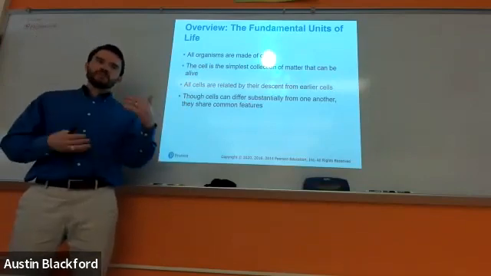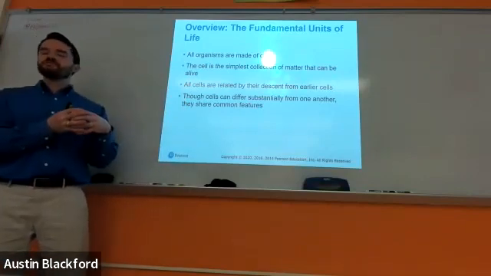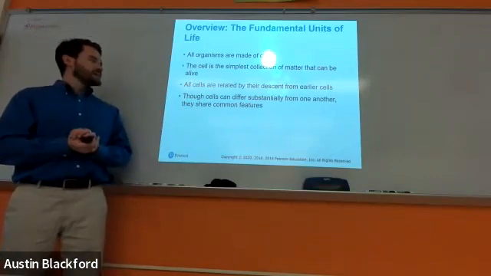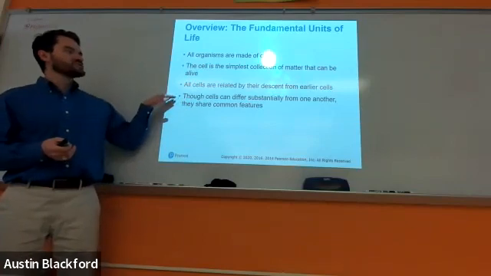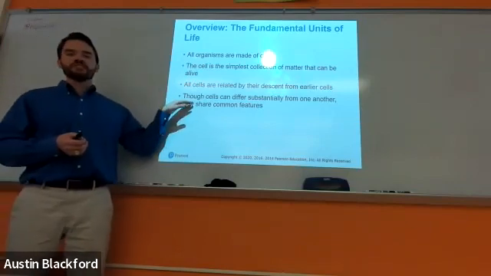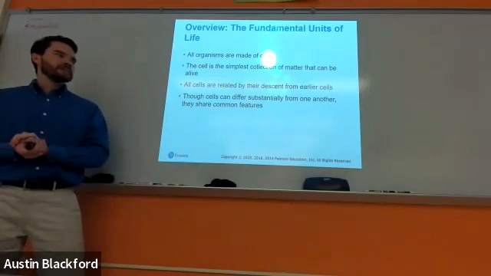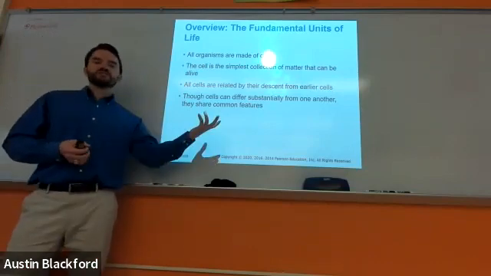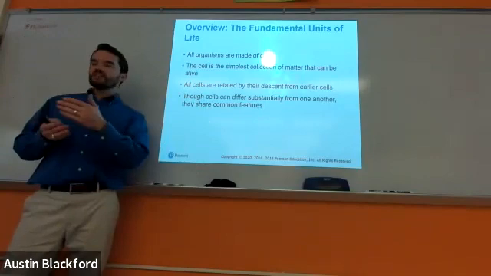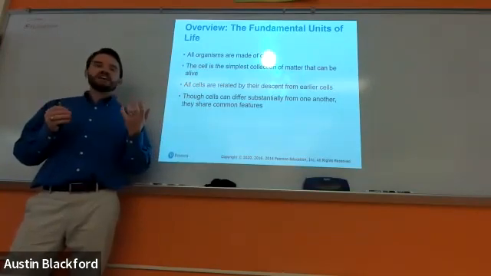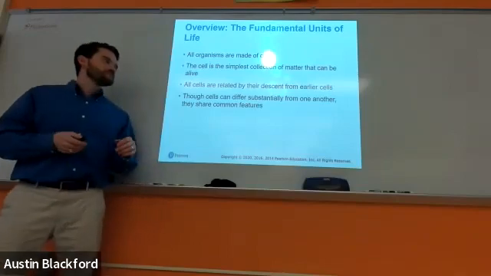The idea would be that there's some ancestral cell that all cells came from. And all cells are going to have some common features that we'll go over in chapter 4. Even though you could look at a nerve cell compared to a red blood cell and they look completely different, they still are going to have those same things in common.